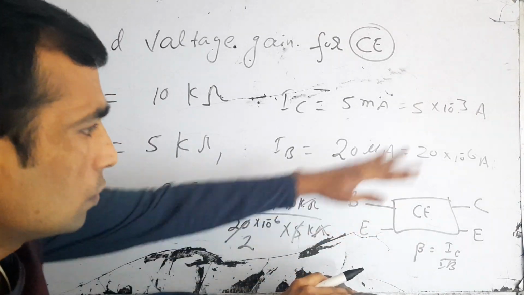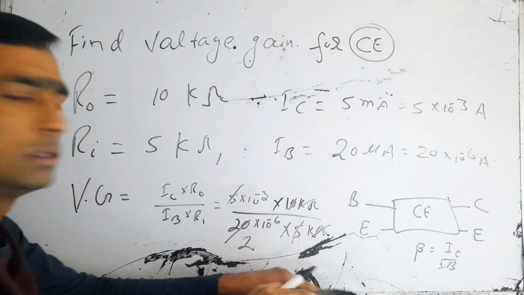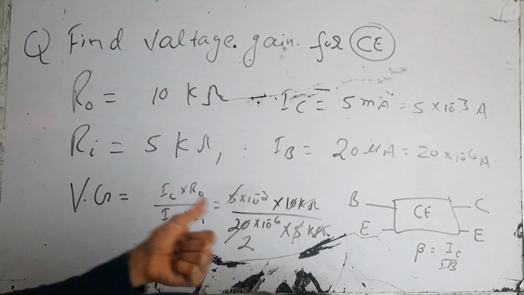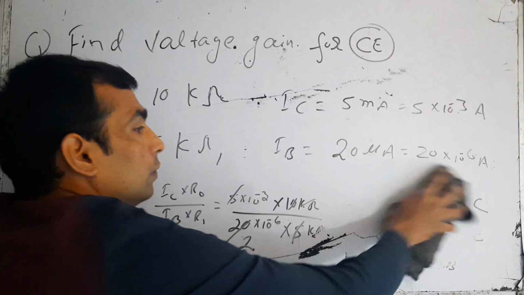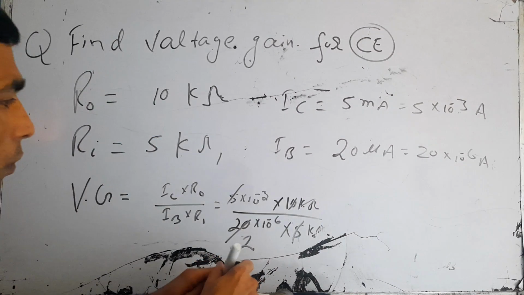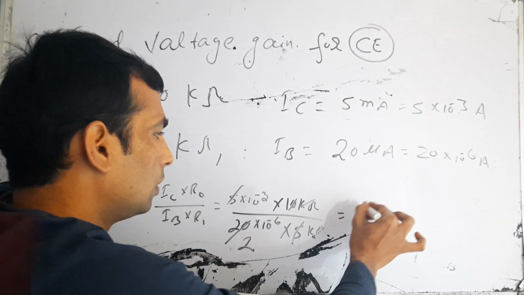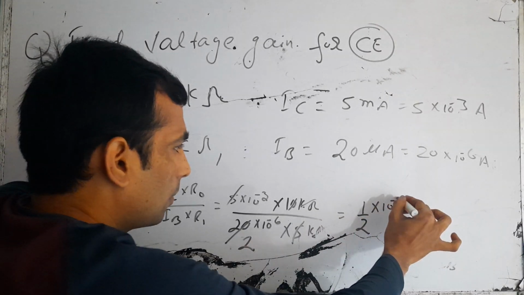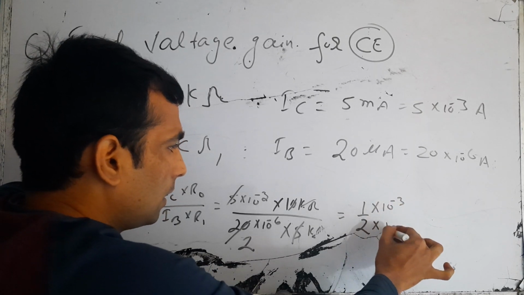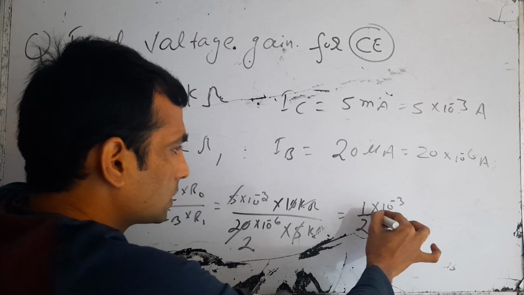So now I'm going to erase this formula and write the result, so take a screenshot first, students, then I'll erase it. So what is your final scenario? This is 1 upon 2 into 10 to the power minus 3 over 10 to the power minus 6.